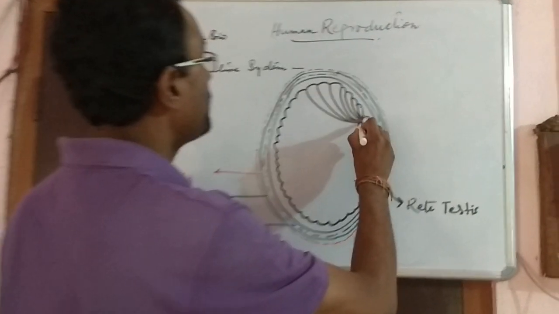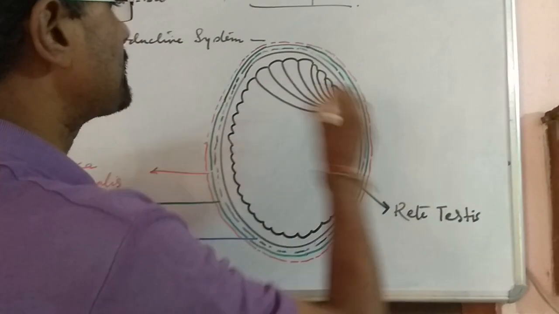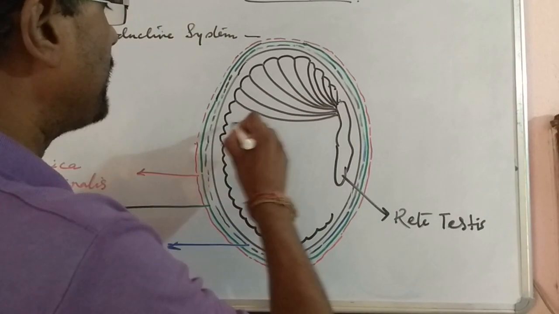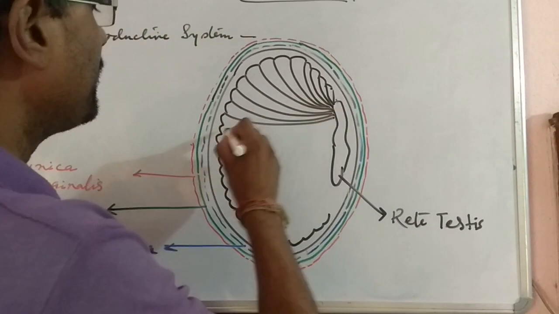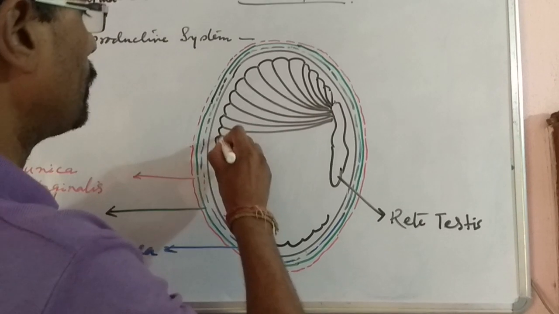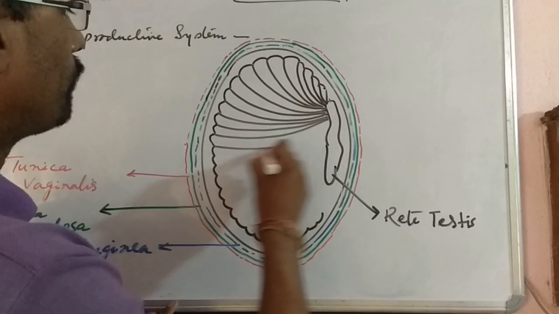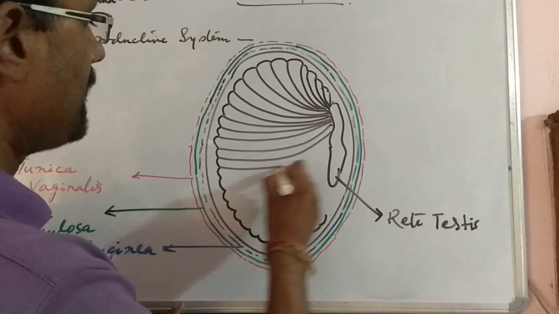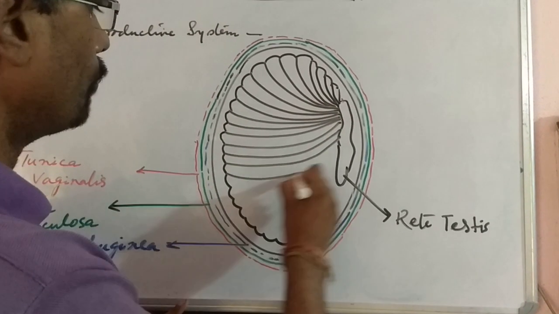How many testicular lobules? Generally 200 to 300. On average, you can take it to be 250 testicular lobules.